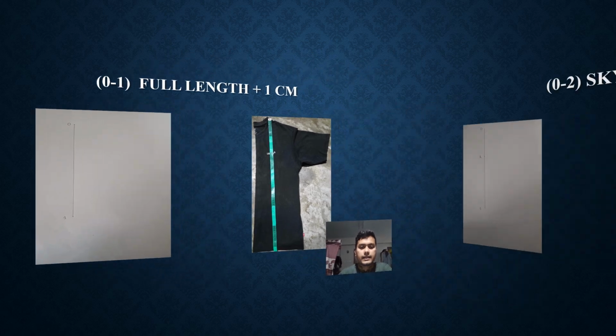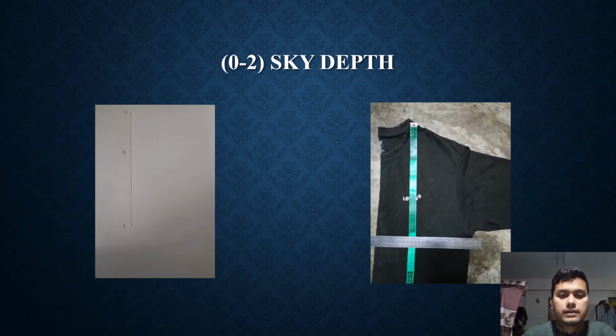The second one is the 0 to 2, this is the sky depth, and we provide the example, which is from below the shoulder, from the neck. This is for my side of the presentation. The next topic will be presented by Abdullah Omar.